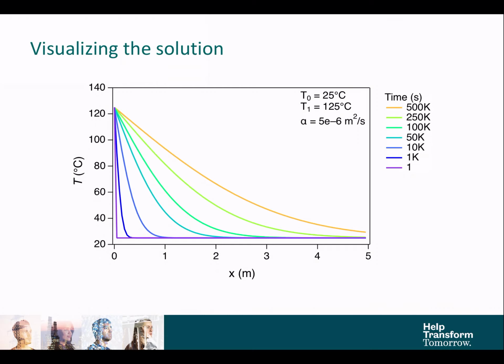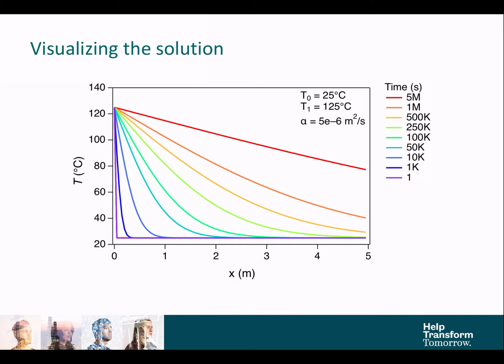We give it another 500,000 seconds, and it starts to smooth out, and eventually at longer times it becomes almost linear. If we were to reach infinite times, we would get a straight line at T1, but we're not going to go to infinite times.